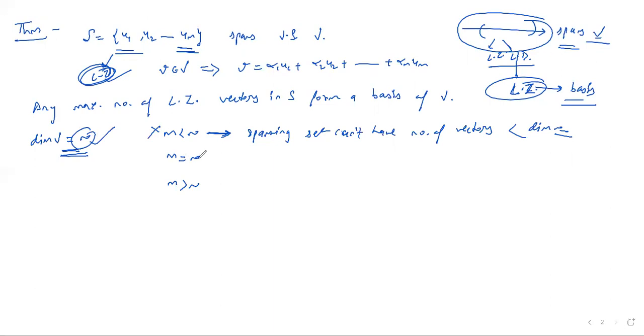And the second case where m is equal to n: the number of basis vectors is n, and the number of vectors in our spanning set is also n. These both are equal. Then in this case all vectors of V can be expressed as linear combinations of ui's.